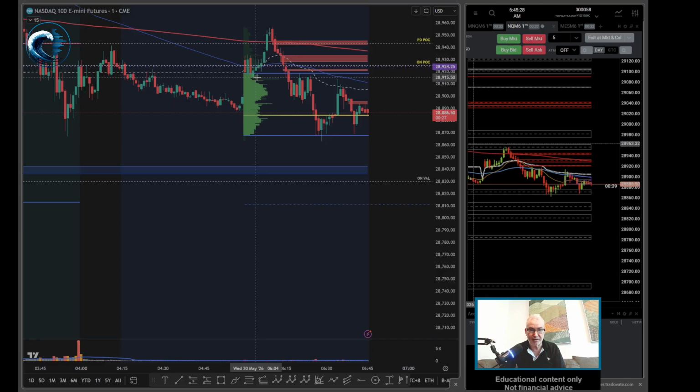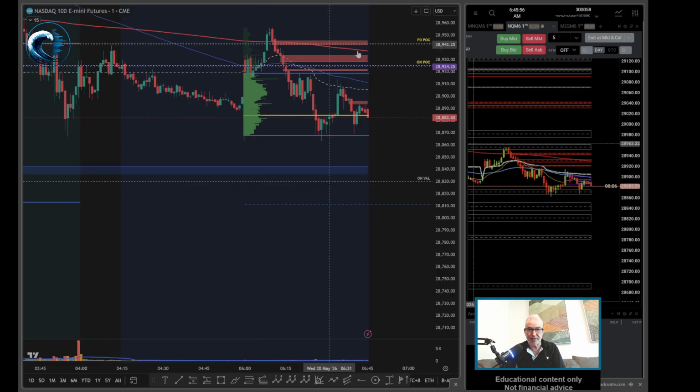See the wicks. If there was no POC here, I would have probably looked at a short even there. To be honest, I would have waited, but I'm not going to do it until I see a red candle. So I probably wouldn't have got suckered into that, because we were just seeing green.